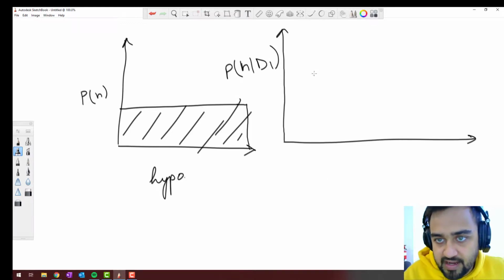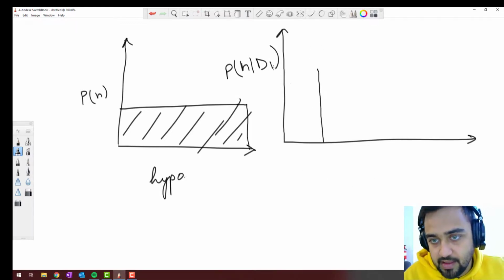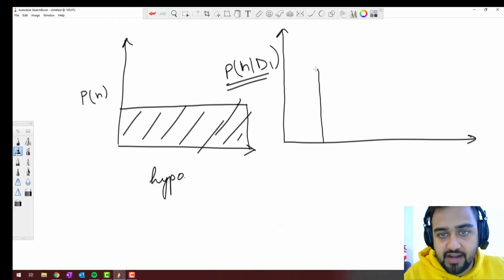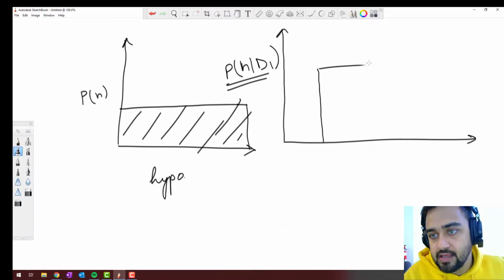That increases the probability of H given D1 as well as reducing the hypothesis space.